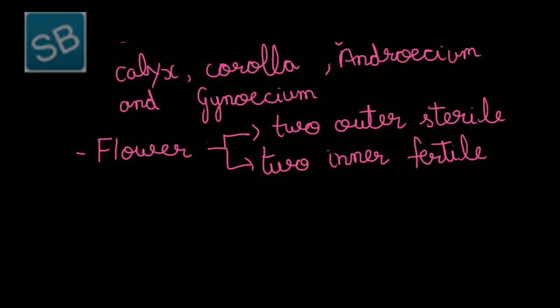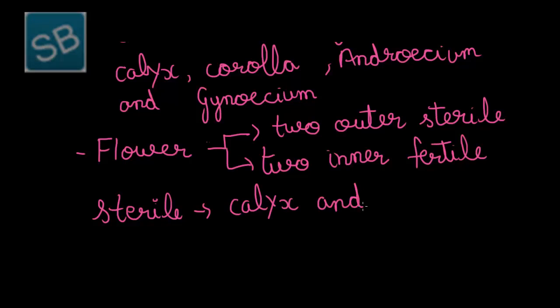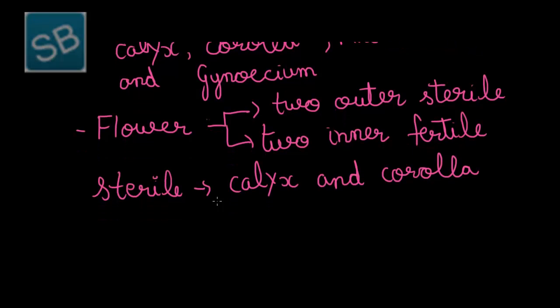As said earlier, the sterile parts, which cannot undergo reproduction, are calyx and corolla, whose basic units are sepals for calyx and petals for corolla.